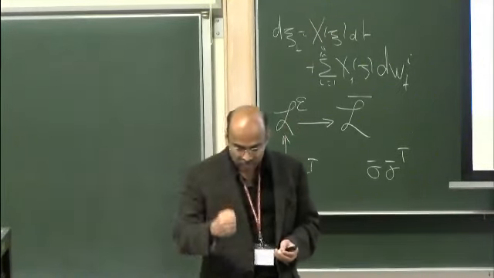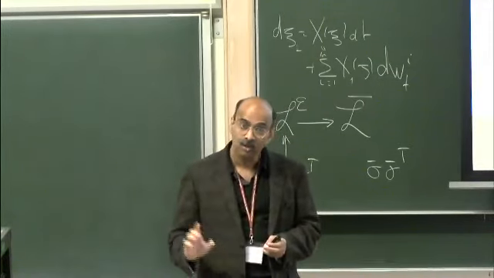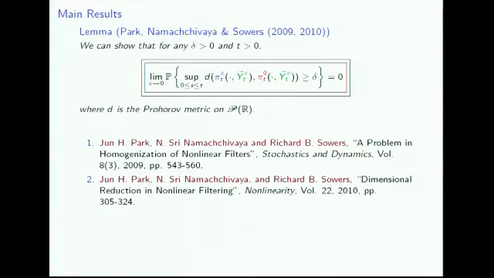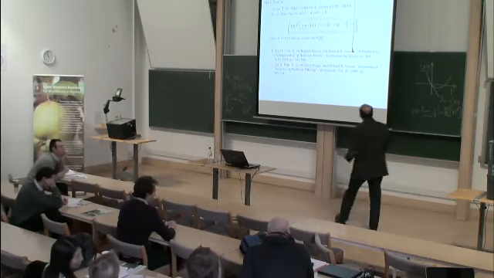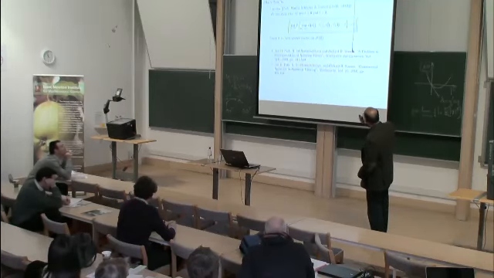I'm basically saying a filter is a mapping from the space of observations to conditional law. So I want to now replace my domain, instead of y0, by y epsilon. That's what I'm doing. So what we can basically show is that you have these two.